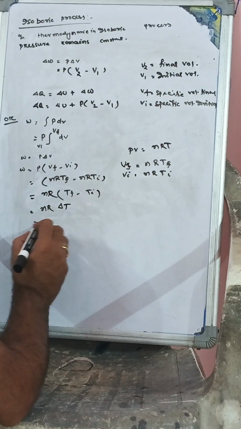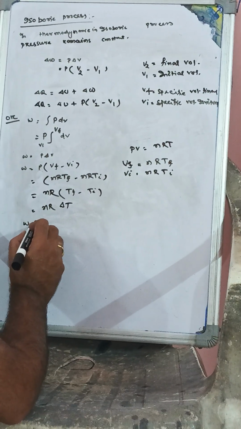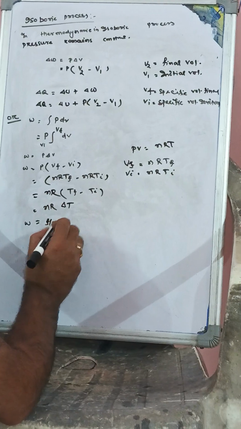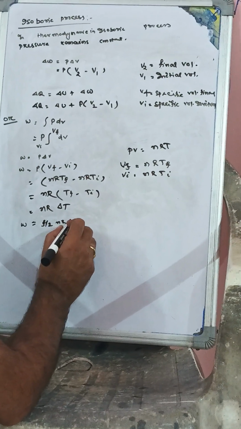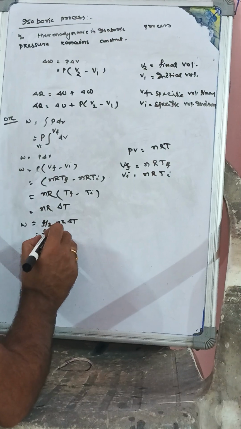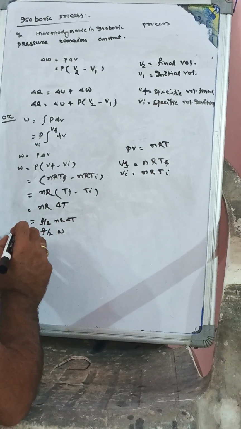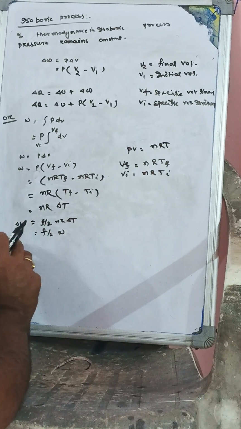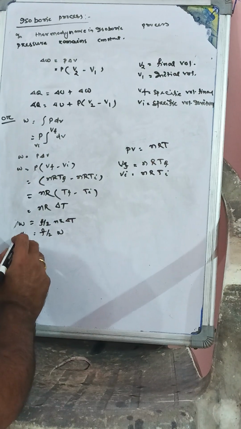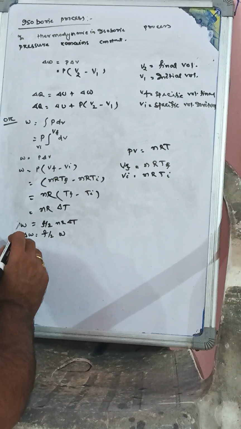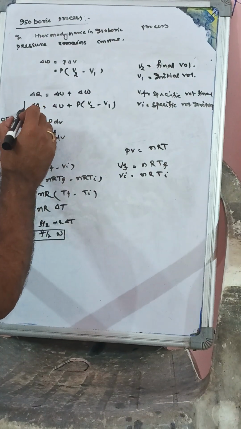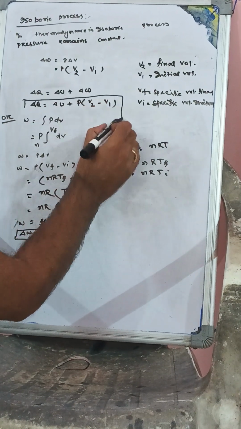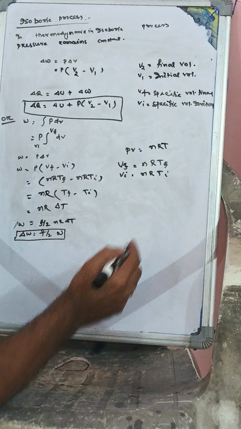Okay, then f by 2 into nR del T, that is f by 2 into W, the change in work done.